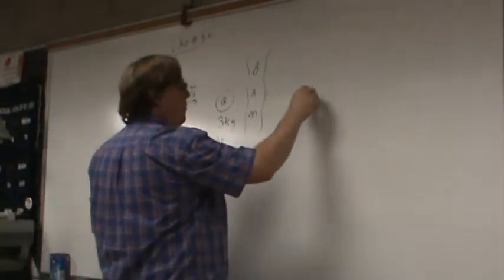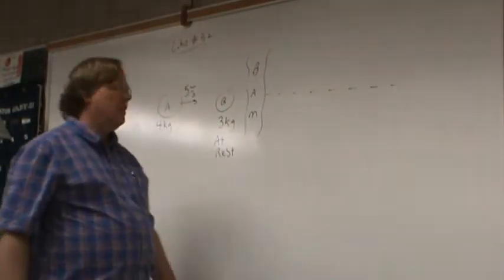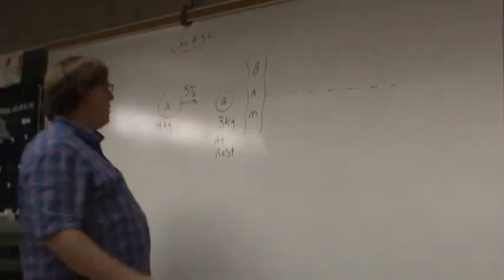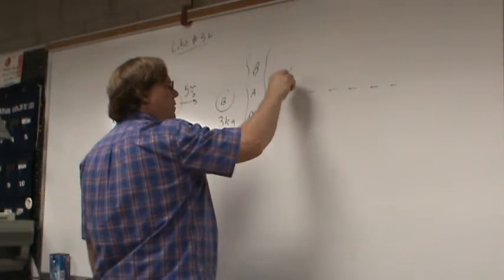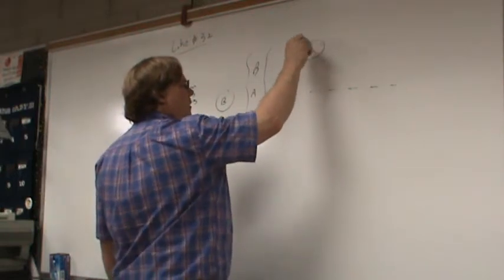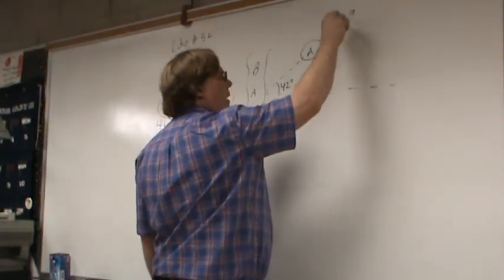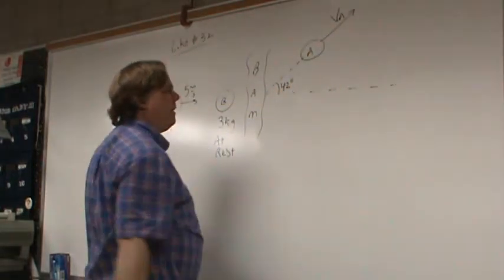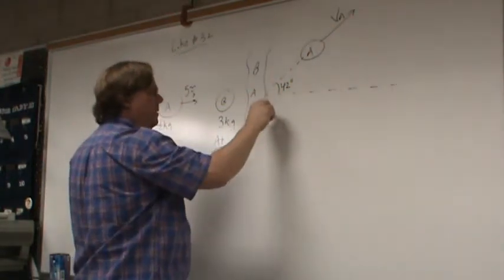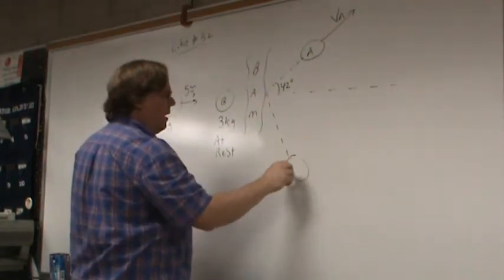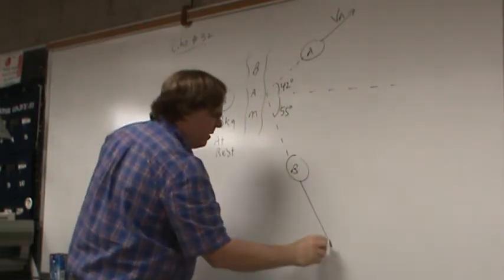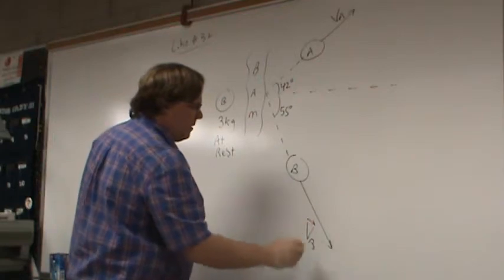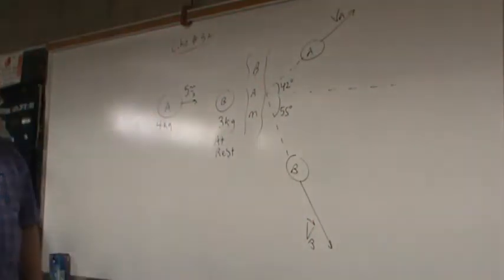It's going to be somewhat inelastic, and A is going to fly off at a 42-degree angle. So here's A going off in this direction, V sub A, and B is going to fly off at a 55-degree angle. And so here's VB, the speed at which B flies off.